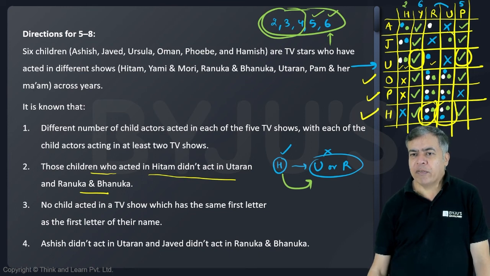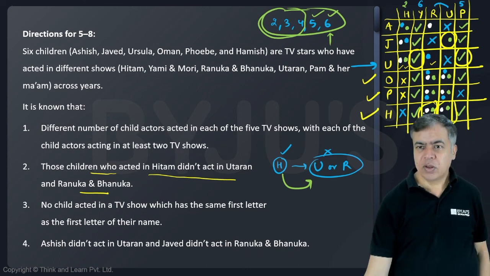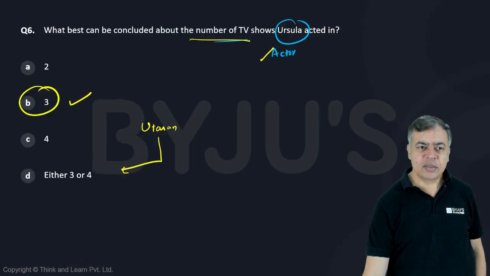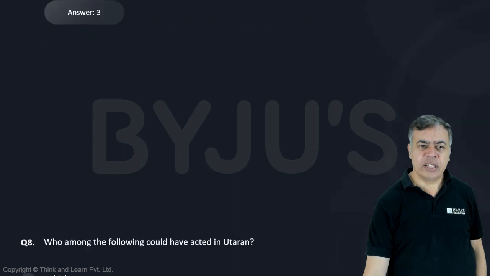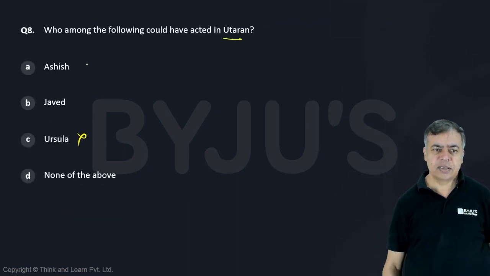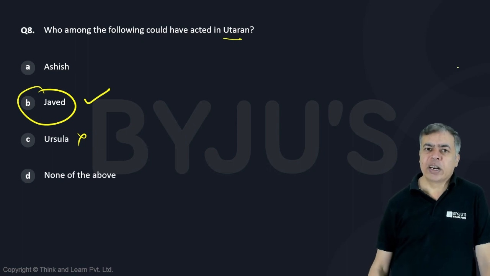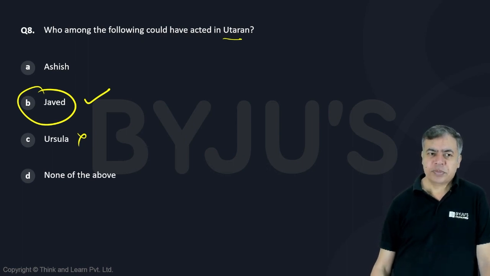J could have worked. Other than O, P, H, J could have worked. So the answer should be J. J is Javed. So Javed is the possibility who can work in Uttaran.